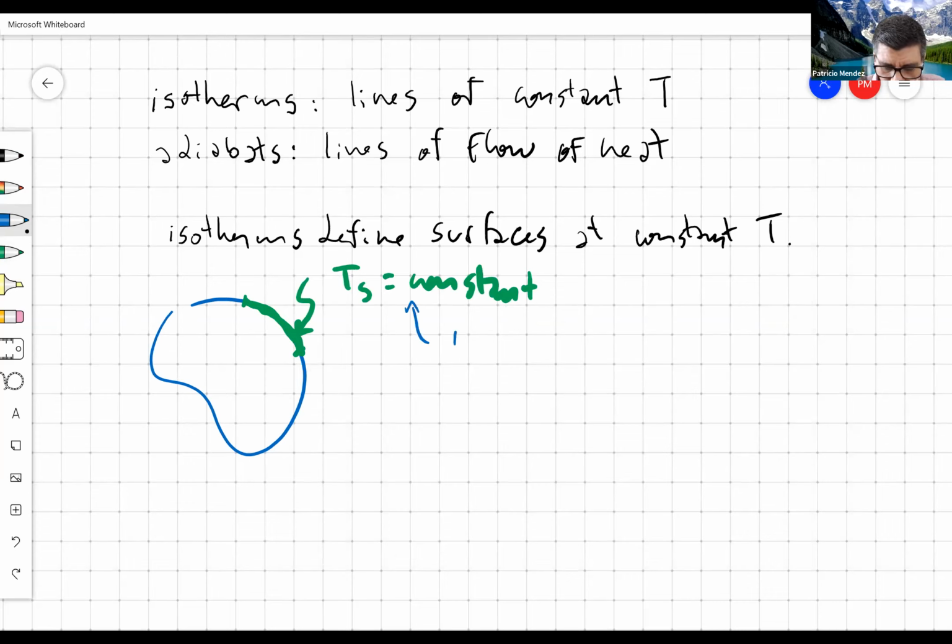This is then an isotherm. And there is another interesting property of isotherms. Isotherms never cross.